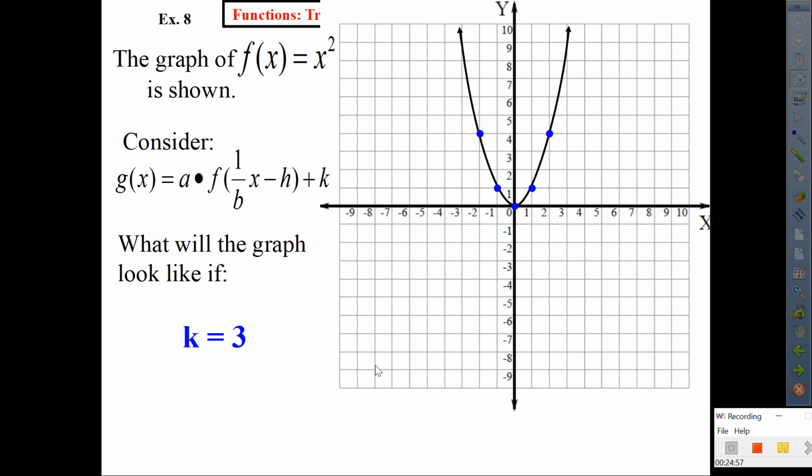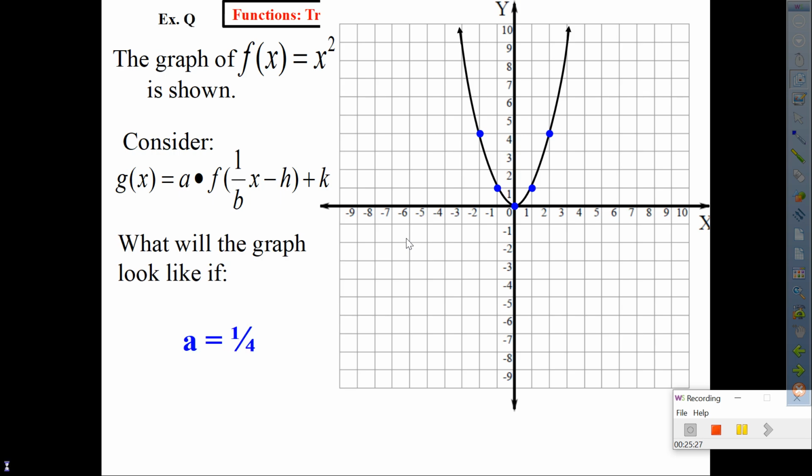Pick some. Raymond. Up 3. That is correct. How about that one? Pass someone, Raymond. Brooke. It's going to compress, yes.